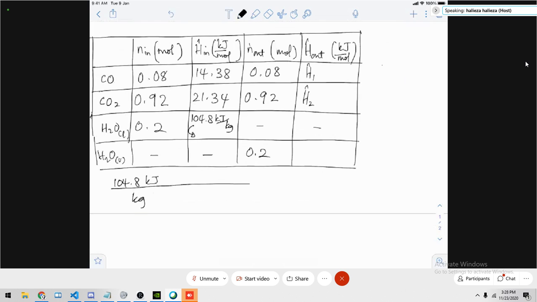You're dealing with water, so the molecular weight of water is, guys? 18. Thank you. So that is going to be per kilomole, but we need it in mole, so we change that to mole. Cancel the kilogram, and you will get it in kilojoules per mole.